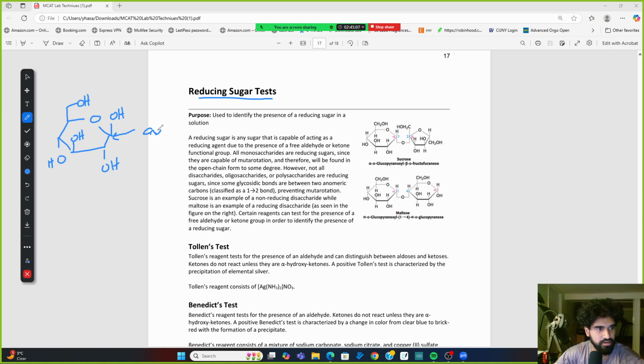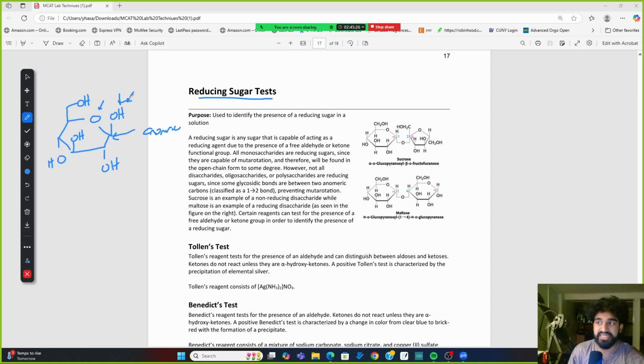Anomeric. Very good. The anomeric carbon is bound to this oxygen and also has an OH. Because of that, this H right here is very labile to be taken. It can be taken very easily. Since it can be taken very easily, what's it called if you take the hydrogen?